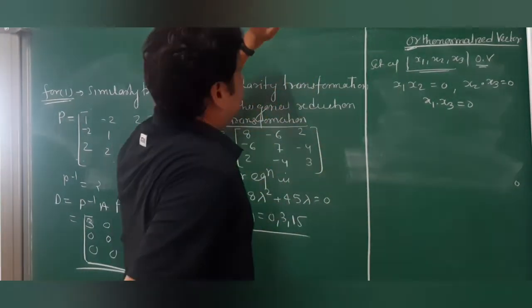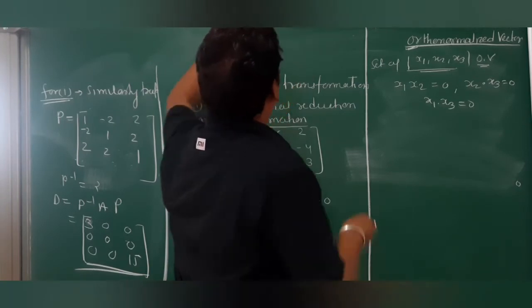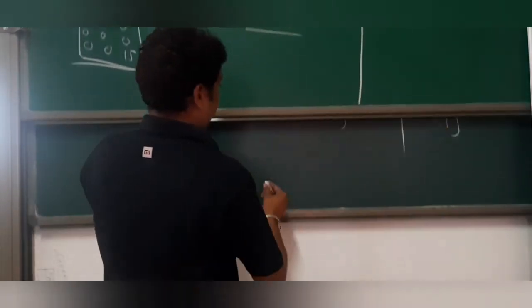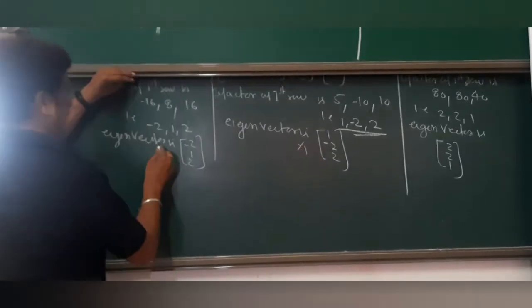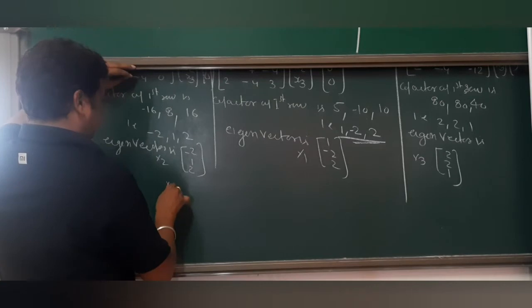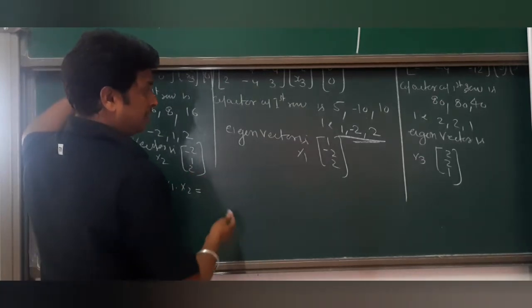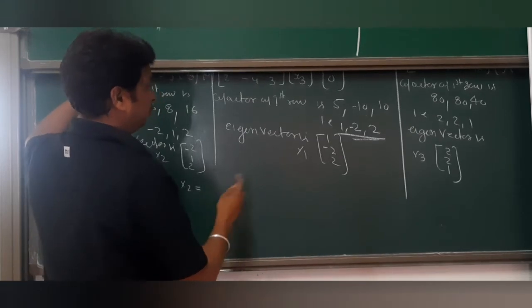So see here, this is your x1, this is your x2, and this is your x3. So what is x1 dot x2? How we take dot product? Same, 1 with 1, 2 with 2, 3 with 3.